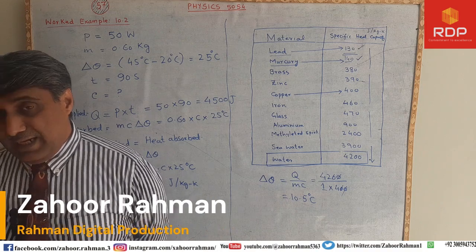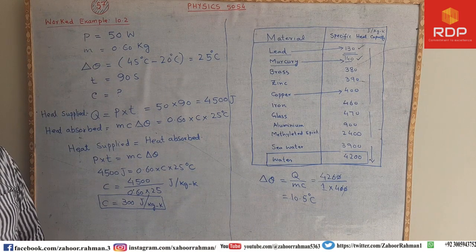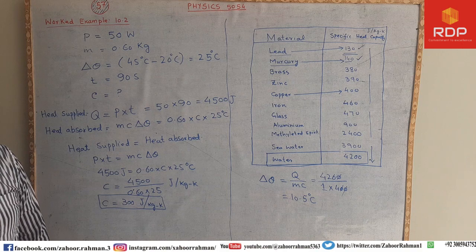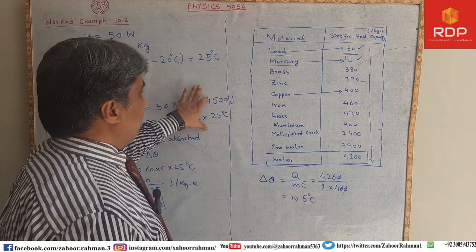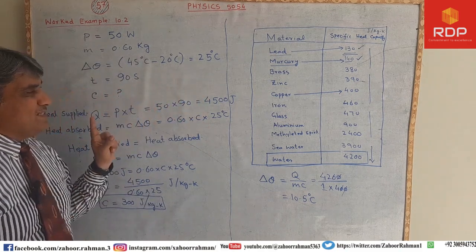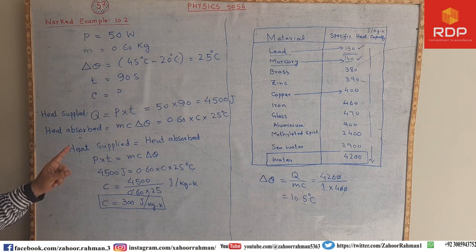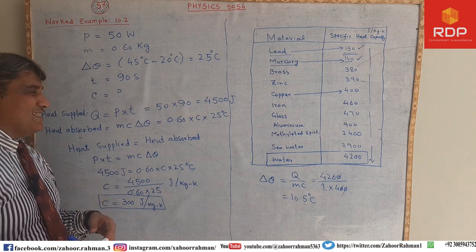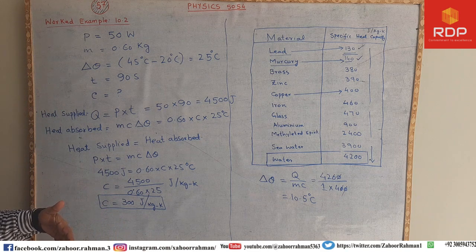Ladies and gentlemen, with this we reach the end of the theoretical portion. I told you in the previous lecture that in the upcoming few chapters we will discuss the simple kinetic theory of molecular theory of matter.